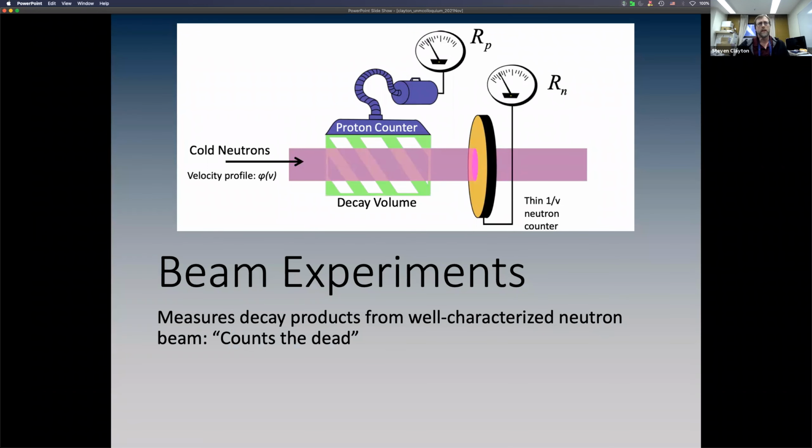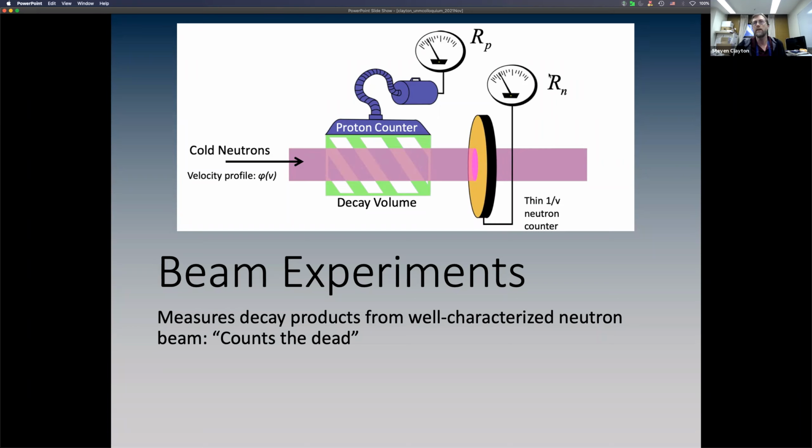So to explain that a little better, I'd like to describe how the beam experiments are done. This is a cartoon that I got from someone, Scott Dewey, I think. As I just showed, the cold neutrons go through this fiducial region, then they pass through a target.